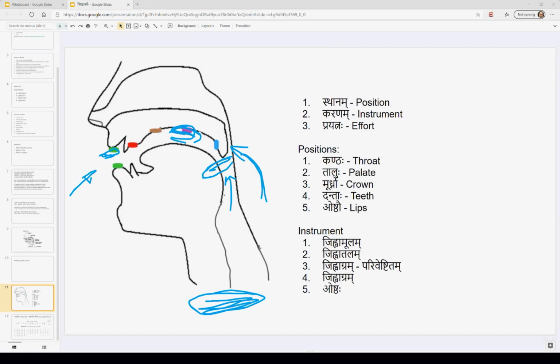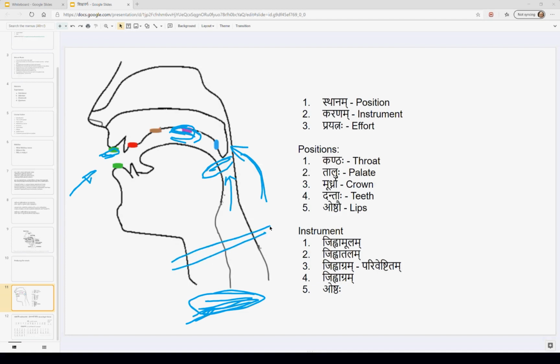Again, how the speech originates, we study a little bit, but we can discuss that more later, like para, pashyanti, madhyama, vaikhari, etc. It starts from the bottom and then moves upwards.